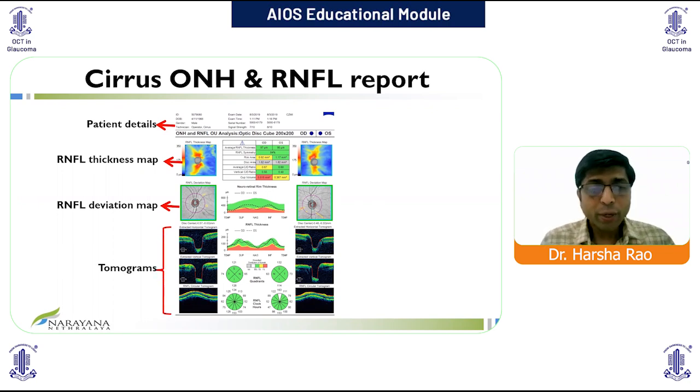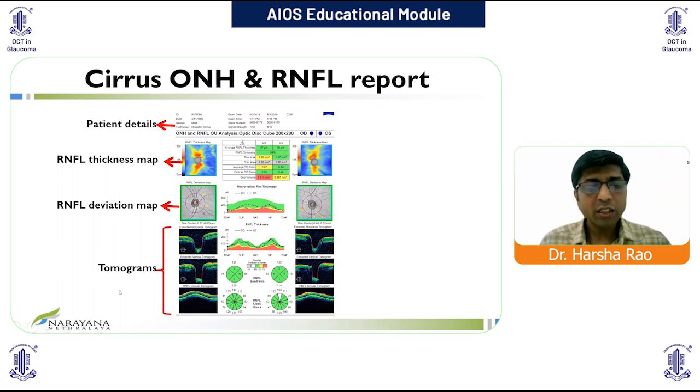The next zone to pay attention to on the reports are the tomograms. Though not much attention is paid to these, they are very important regions to look at, and I'll tell you subsequently why they become important.